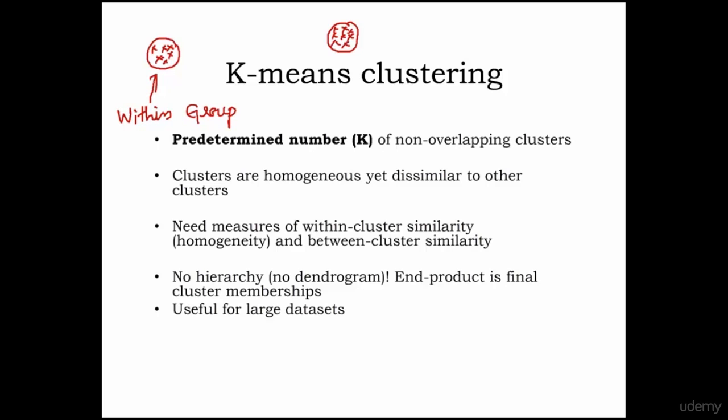But when it comes to between these two clusters, there has to be a lot of dissimilarity. Between the clusters there has to be a lot of dissimilarity, because say this is cluster A and this is cluster B. If cluster B is so close, and you have people in this, then there are high chances that this data point here can be part of this also.